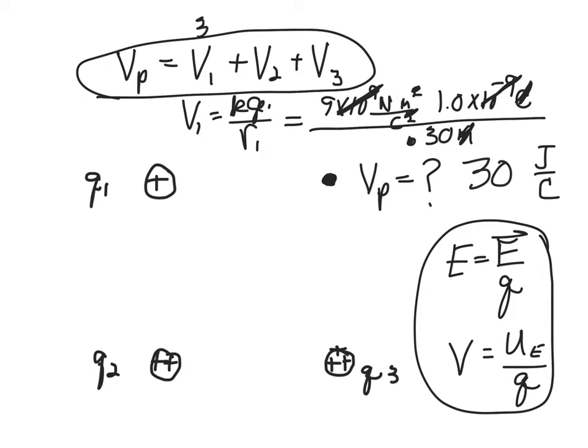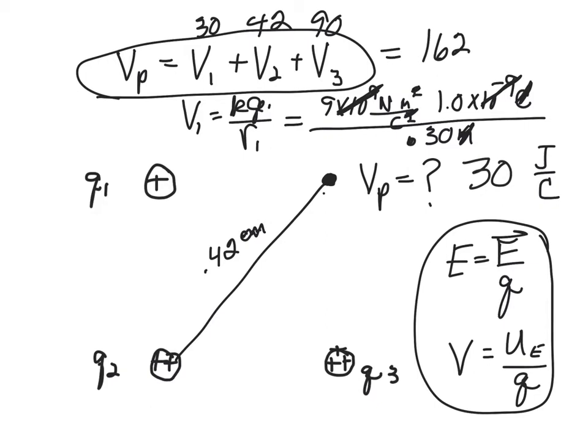So this is 30. This is 3 times bigger, same distance. This is going to be 90. And here you have to use this distance, which is about 0.42 meters. And when you do that, you'll get something about 42 here. And so the whole thing ends up being about 162 joules per coulomb, or volts, right? Unit of volts.